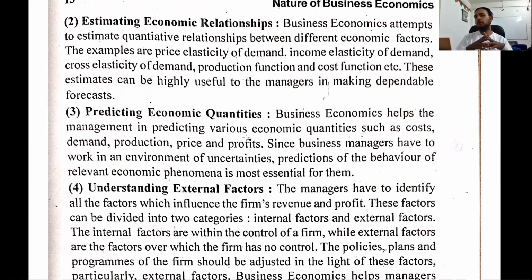From the cost and the price they have decided, they can get a proper margin for profit. All these things are necessary if a business adopts economic theory, that is business economics, and it is very important to predict the quantities.